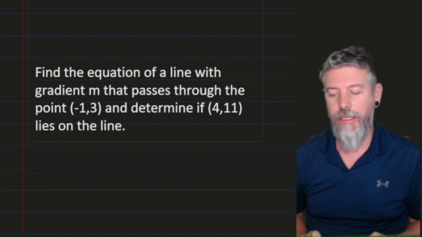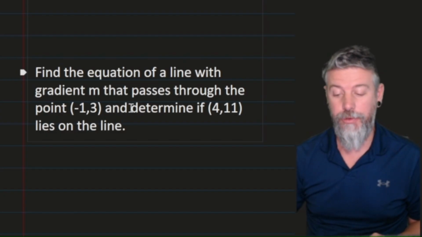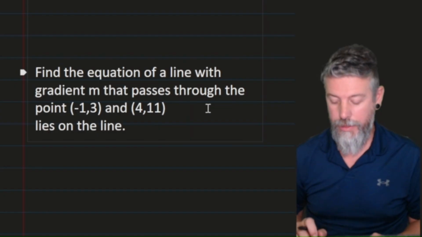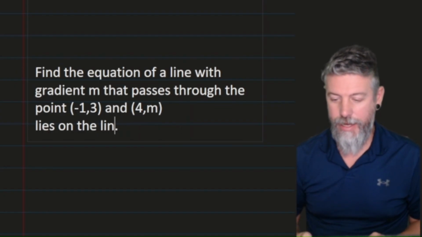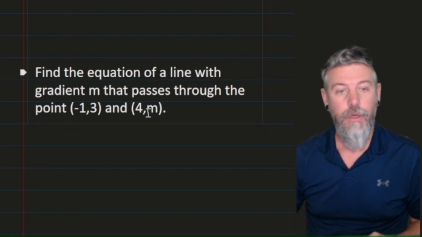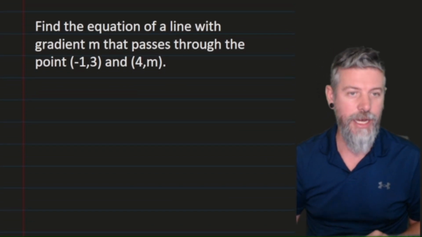Let's say now that the equation of the line has a gradient of m, it passes through the point (-1, 3), and it passes through the point (4, m). So that makes the question significantly different, because now with this question, we don't have all the numbers that we had before.